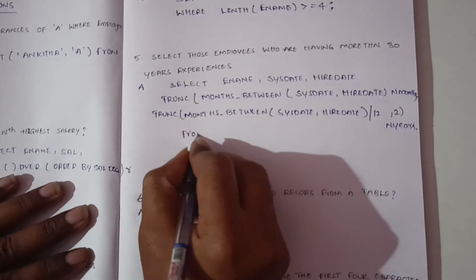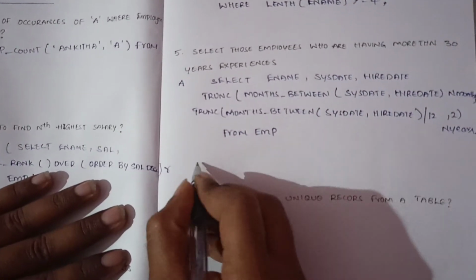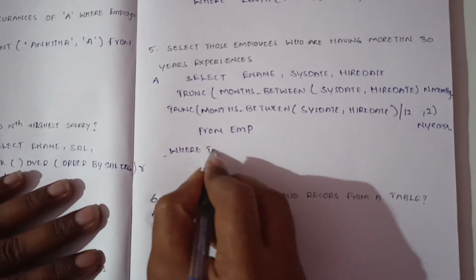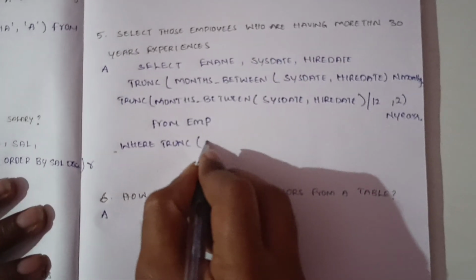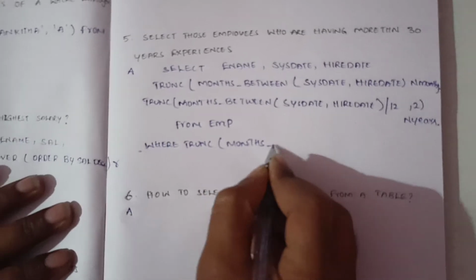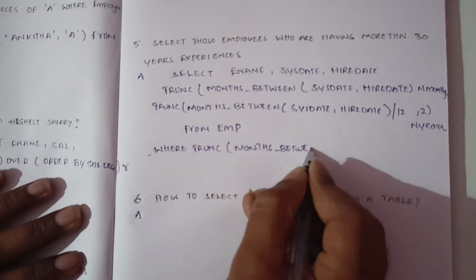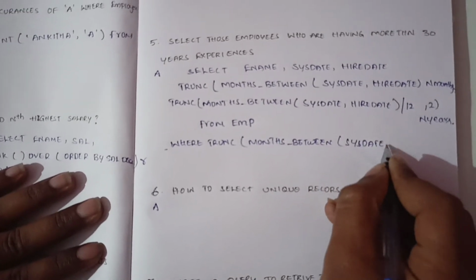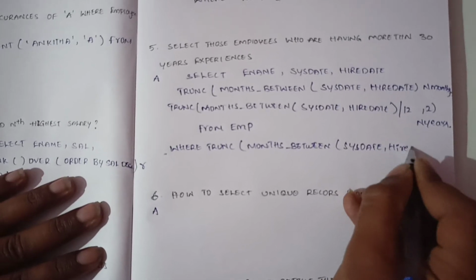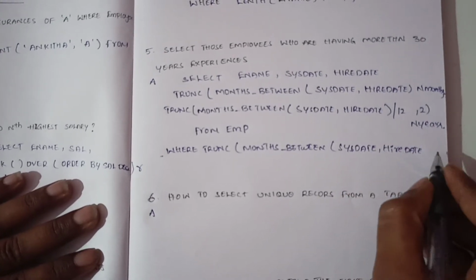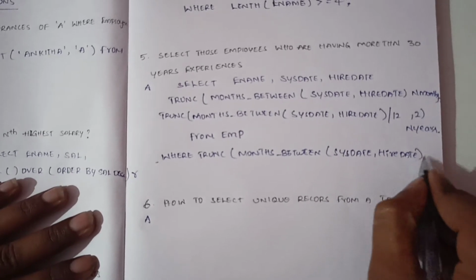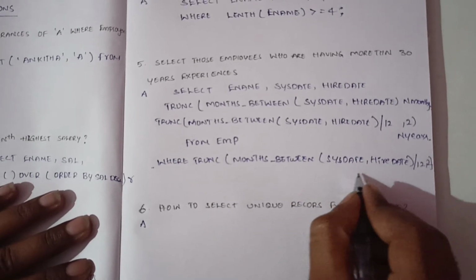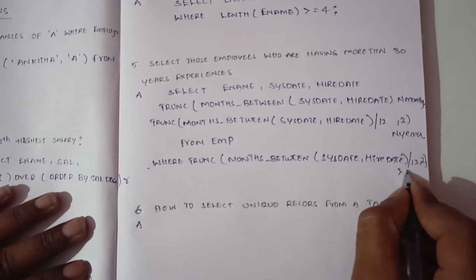From employee table, where truncate of months between sysdate comma hire date, divided by 12 comma 2, greater than 30.